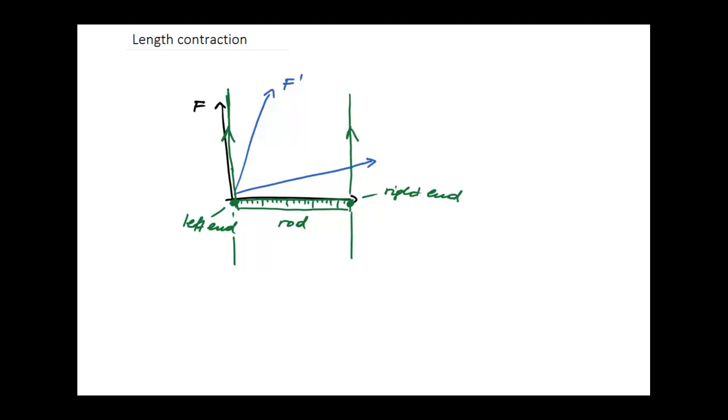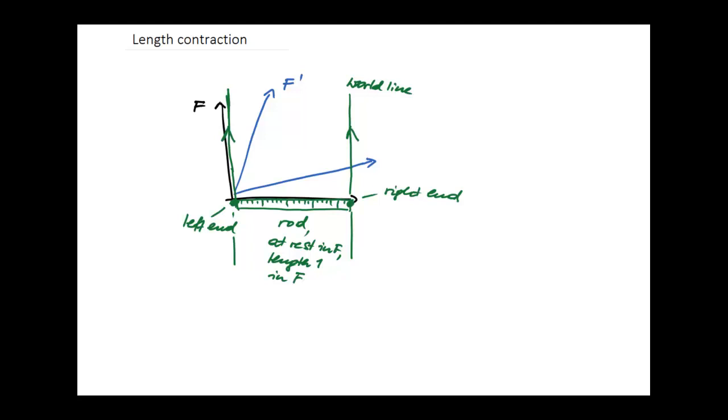And this is the world line of the right end. The rod has length of 1 unit in frame F. So it's at rest in F, and it has length 1 in F. How do you measure the length of an object, in this case of this rod?